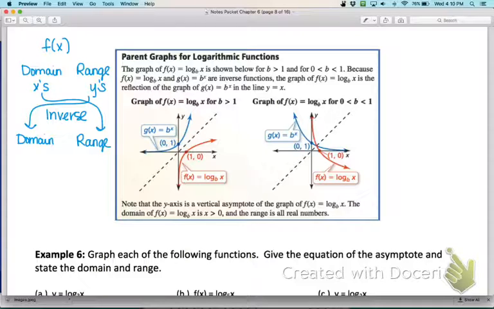So if you look at when b is greater than 1, this is an exponential growth function right here. And if I take my ordered pairs and I switch them, remember if I put in 0 for x, anything to the 0 power is 1, so I get the point (0, 1). The logarithm, which is the red function here, is going to reflect over that 45-degree line, y equals x. And we've talked about that in the last chapter.